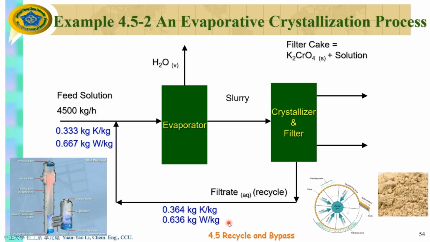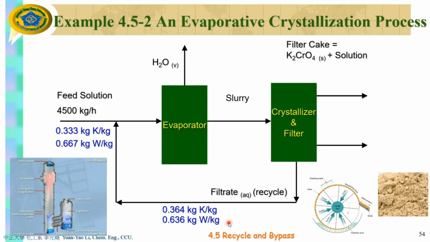Right. Okay, let's read the text again. In the second paragraph, in the middle of line 3, this stream is fed into the crystallizer in which it is cooled, causing crystals of the potassium chromate to come out of the solution and then filtered.